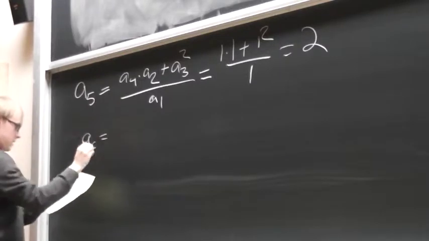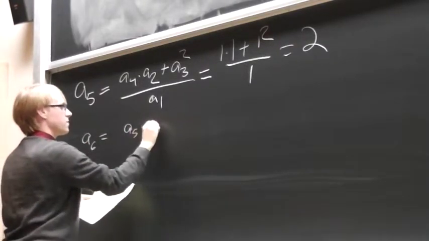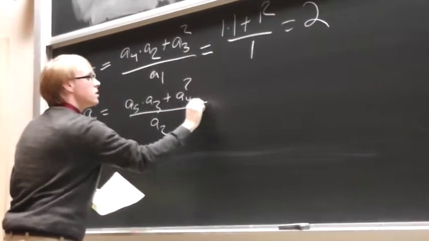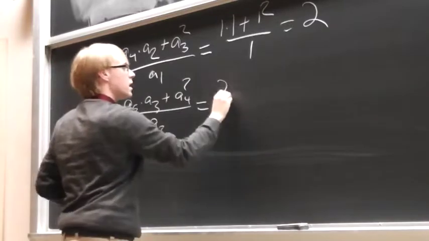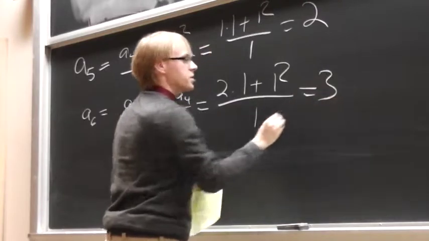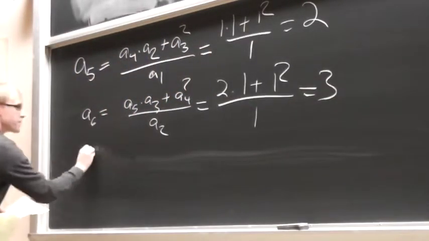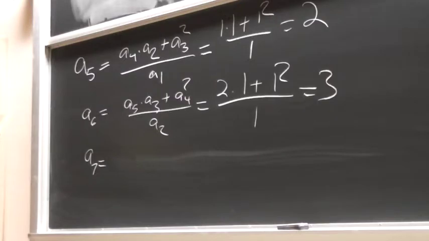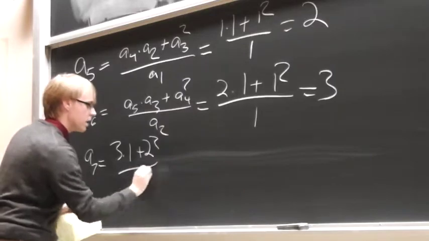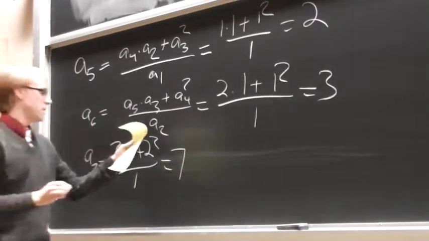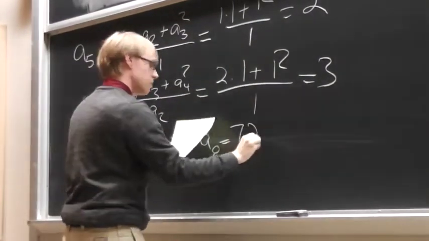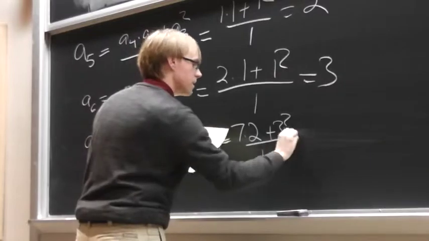A sub 6 is a sub 5 times a sub 3 plus a sub 4 squared over a sub 2. So 2 times 1 plus 1 squared all over 1, and that's 3. A sub 7 is 3 times 1 plus 2 squared over 1, which is 7. A sub 8 is 7 times 2 plus 3 squared over 1, which is 23.